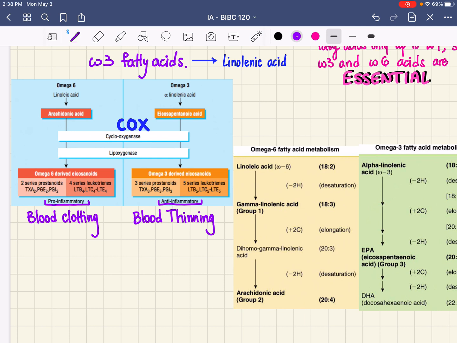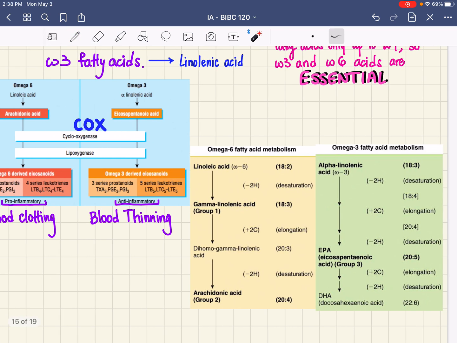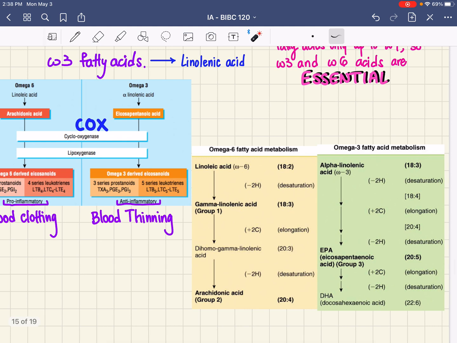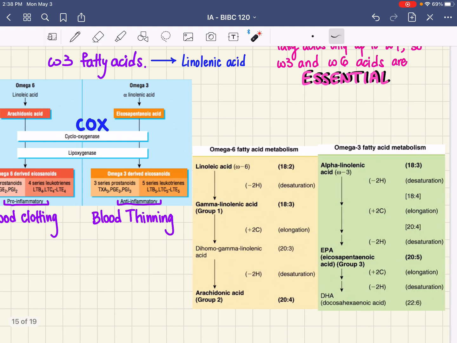And here is a scheme that I really like because it shows every step of turning linoleic acid into arachidonic and linolenic into EPA and then further into DHA.